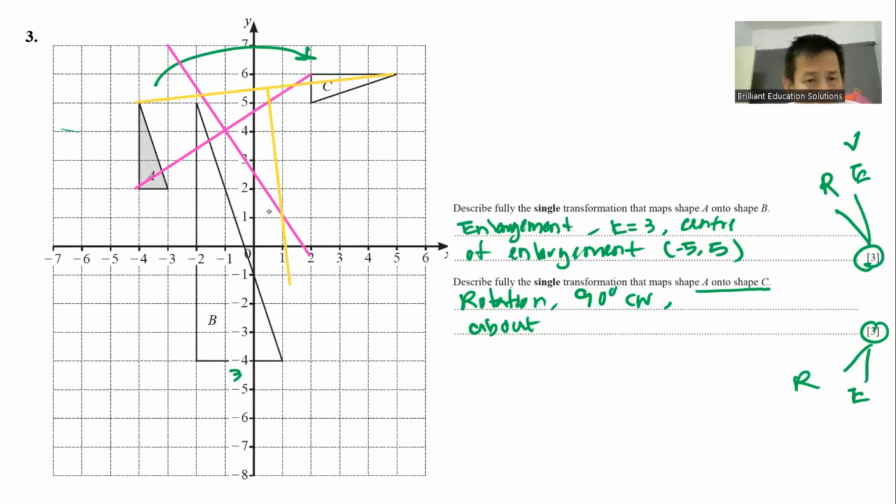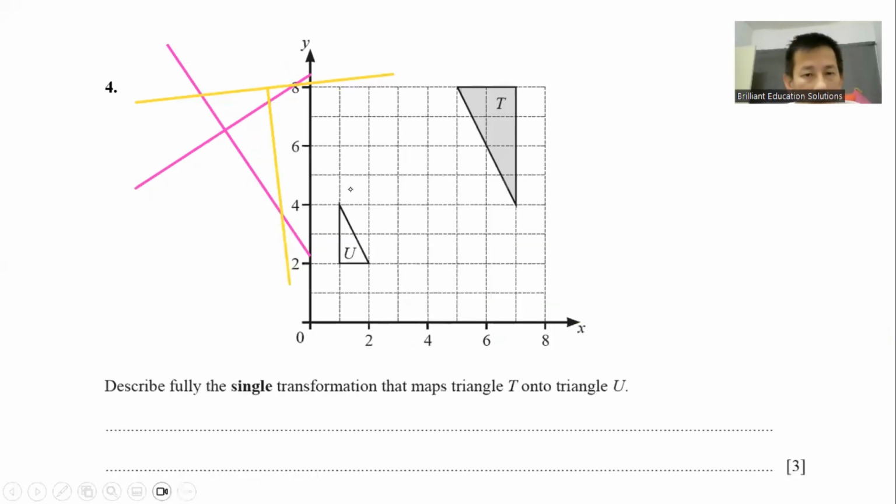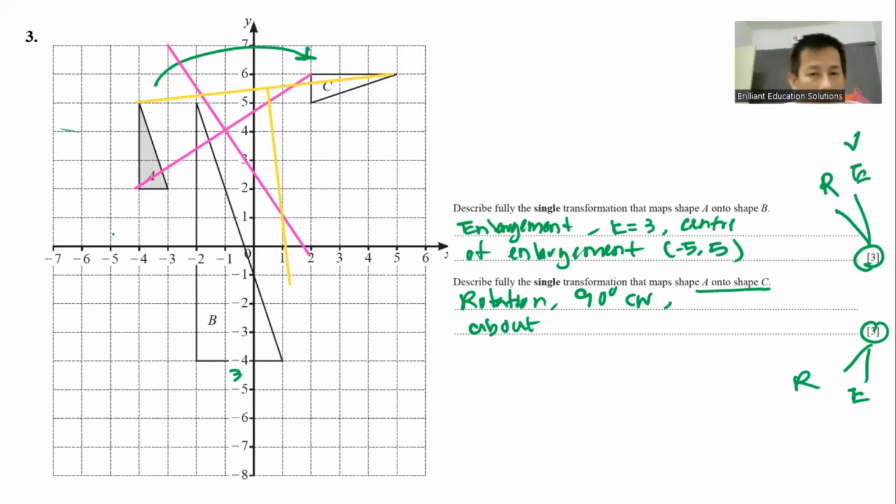Center should be here. Okay, it's around 1, 1.